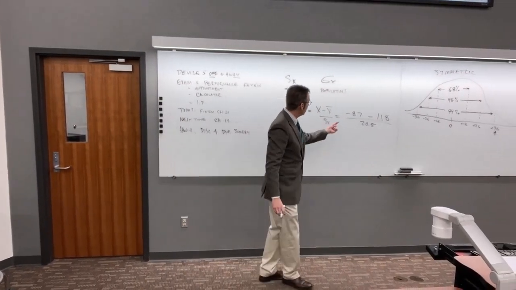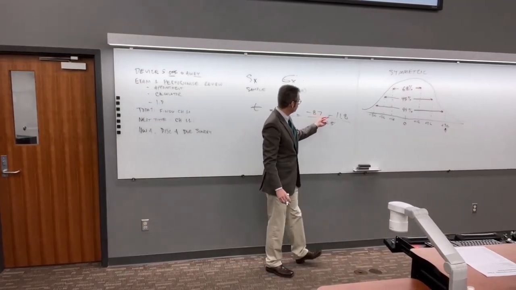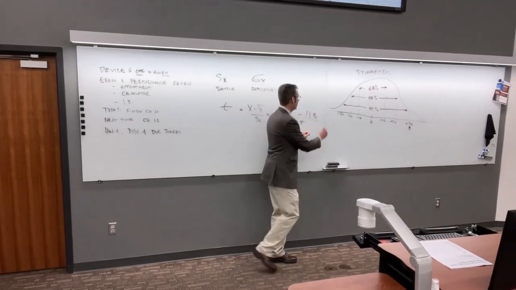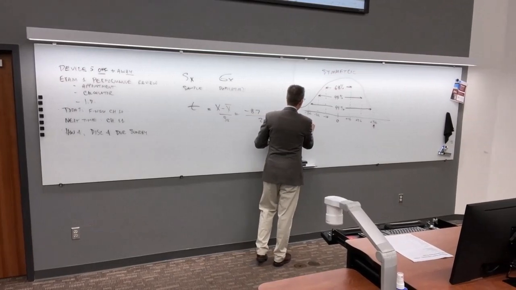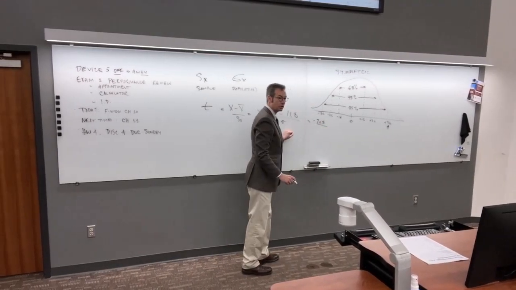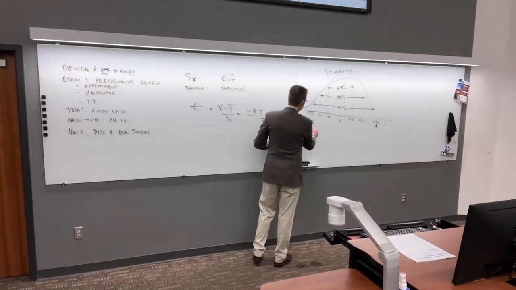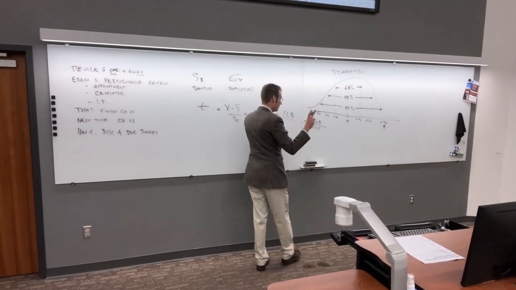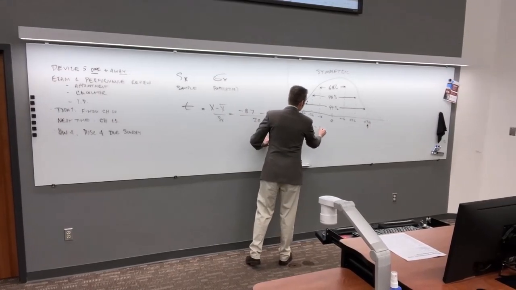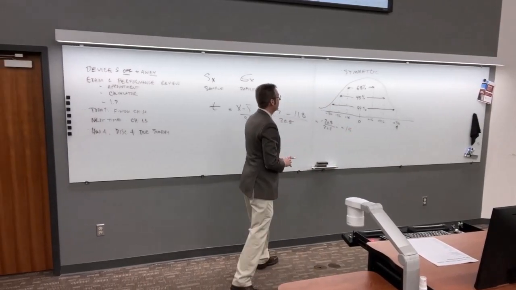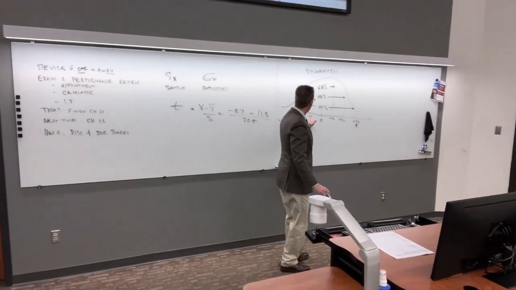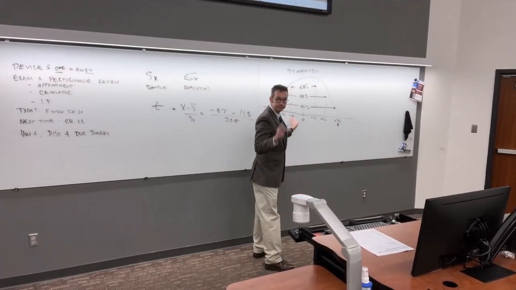If I take minus 8.7 and subtract 11.8, I get negative 20.5. If I'm doing my math wrong, let me know, please. This thing is going to be equal to minus 1, minus 1 standard deviation. And so that puts us right here.